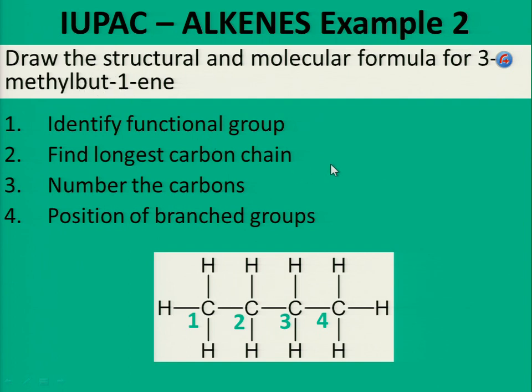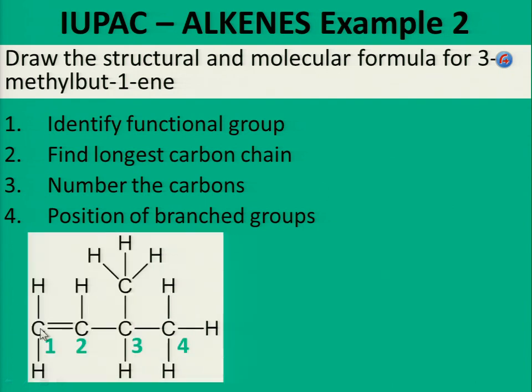Now you have to add the double bond and the methyl. The double bond is at carbon 1 because it's 1-ene. And the methyl group is at carbon 3. This is a structural formula, so you have to show all the bonds. Molecular formula, you only count the amount of carbons, 1, 2, 3, 4, 5, and the amount of hydrogens, 10.